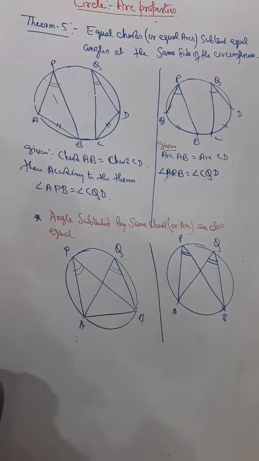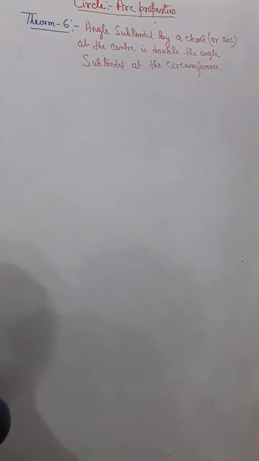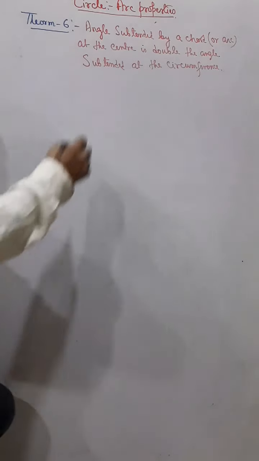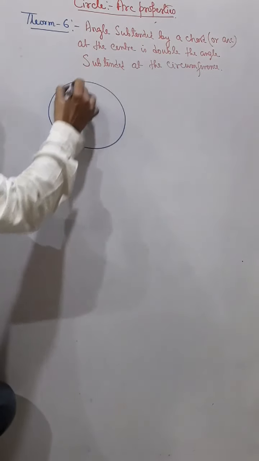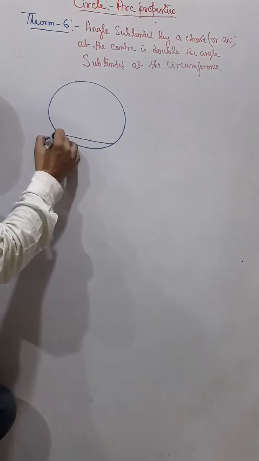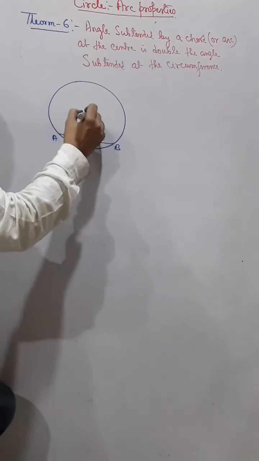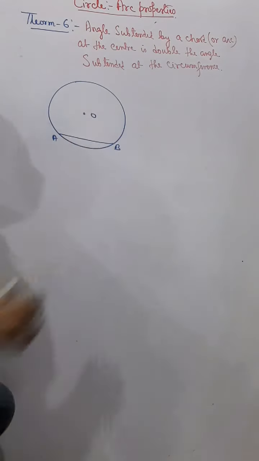Okay, the next theorem states that the angle subtended by a chord or arc at the center is double the angle subtended at the circumference. So suppose this is chord AB and this is center O, then the angle subtended at the center is AOB by this chord.